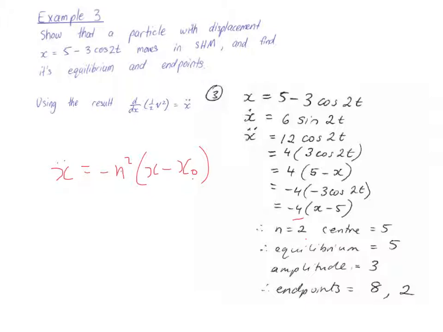You can see the amplitude from the equation of the displacement there. If we are starting at 5 on the number line, that's our equilibrium point, and our amplitude is 3, it means we're moving up 3 and back 3. So we're moving up to 8 and down to 2. So the endpoints of our motion are 2 and 8.